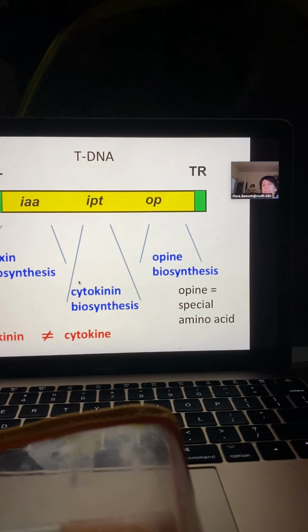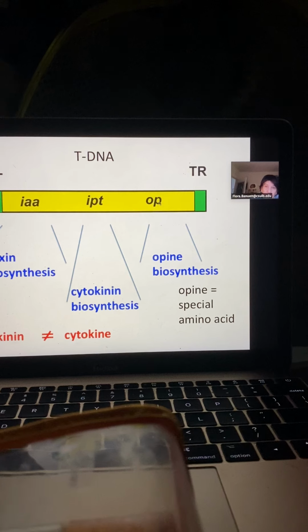None of them. They are only expressed in the plant when the agrobacterium transfers this region to the plant and it integrates in the chromosome in the plant.